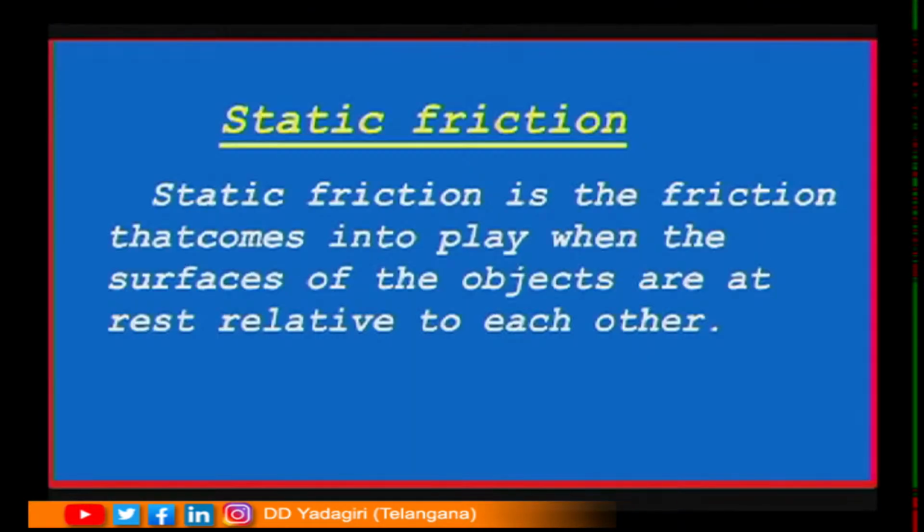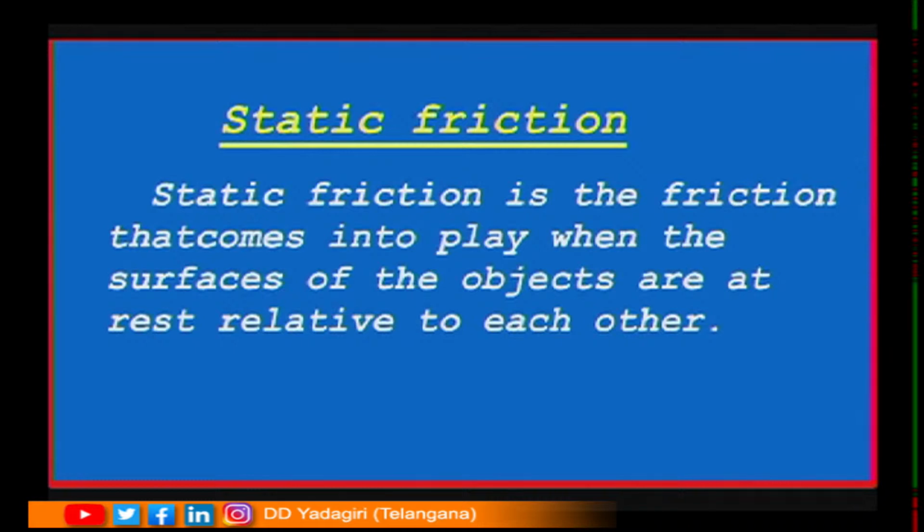First, let us know about static friction. Static friction is the friction that comes into play when the surfaces of the objects are at rest relative to each other.